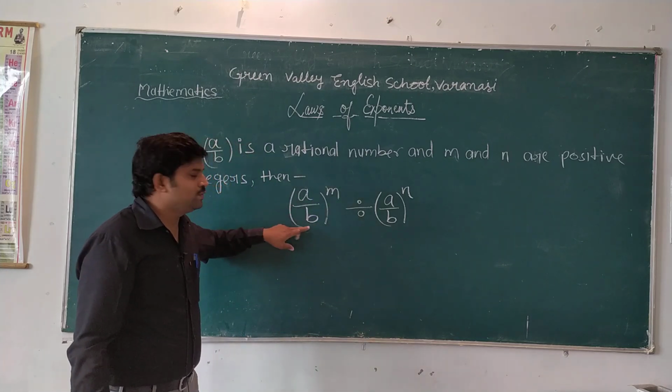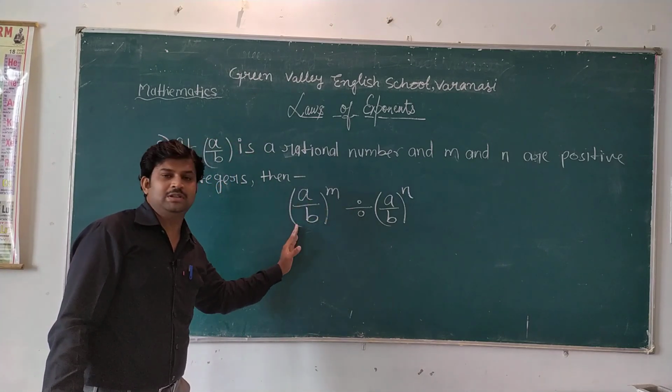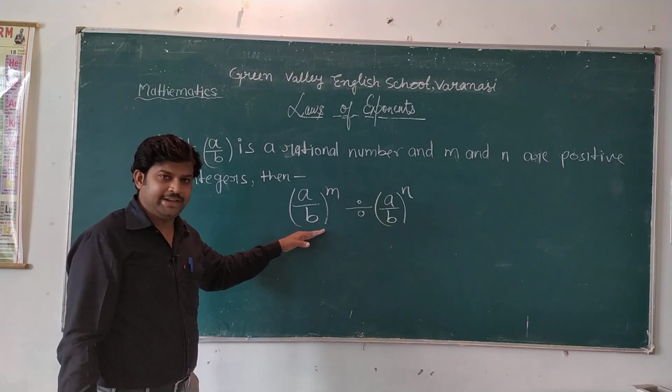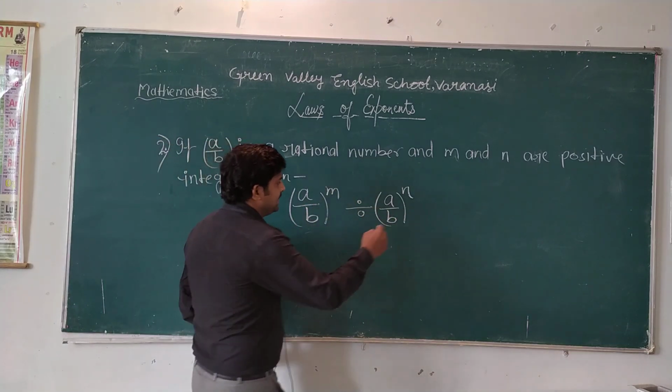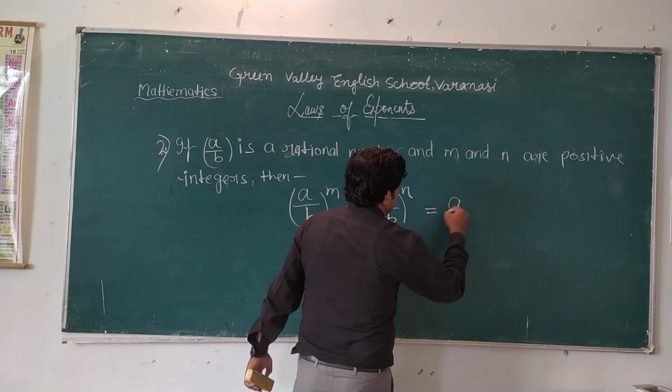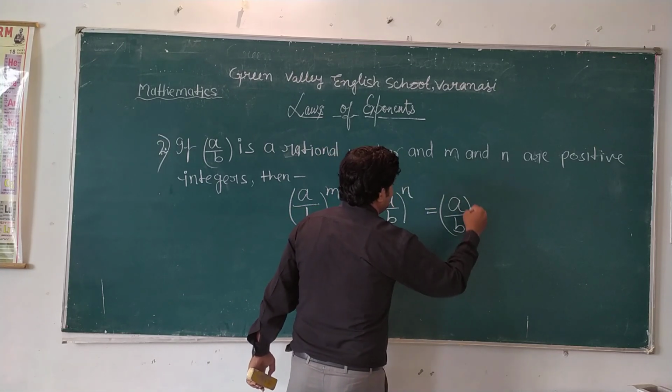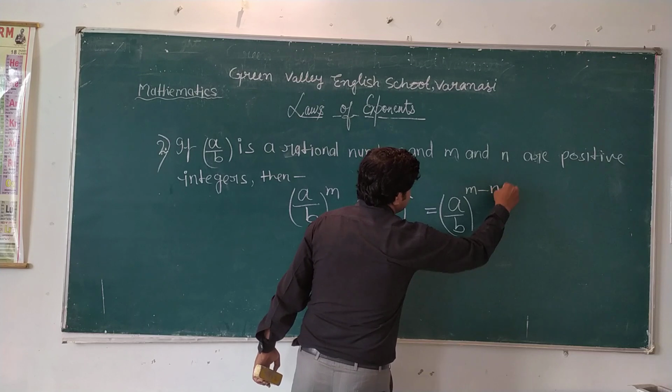The number before the division symbol is the dividend and the number after it is the divisor. Then we write (a/b)^(m minus n).